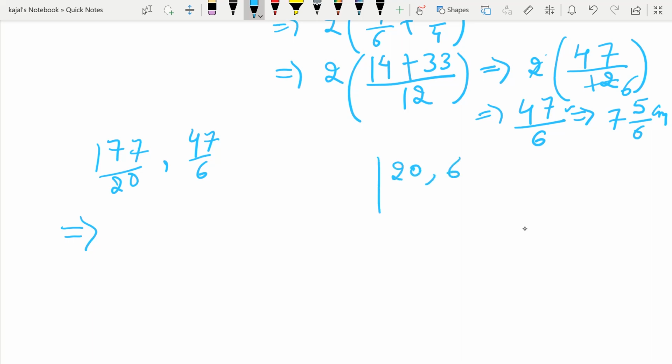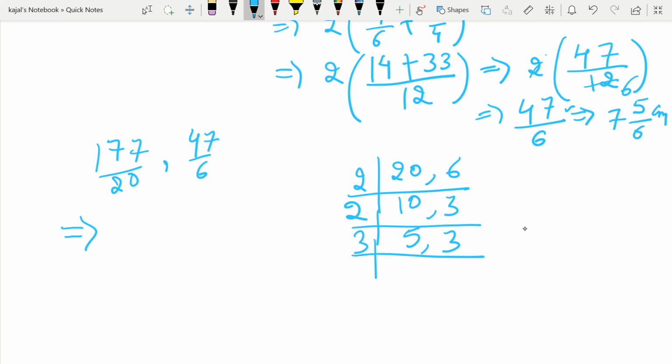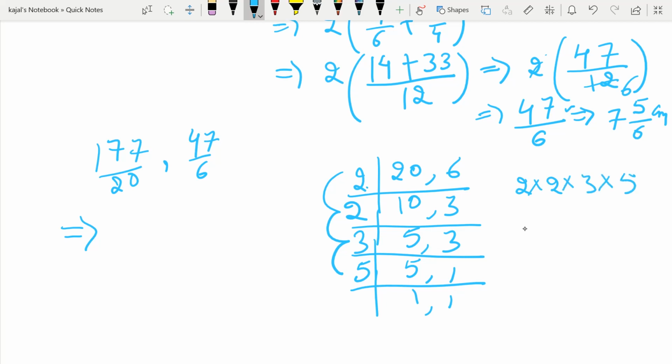In this way we can find the LCM: 2, 10, 3. I'm just showing it so that you do not get confused. That means 2 into 2 into 3 into 5. 5 4s are 20, 20 into 3 is 60. So 60 is the LCM.